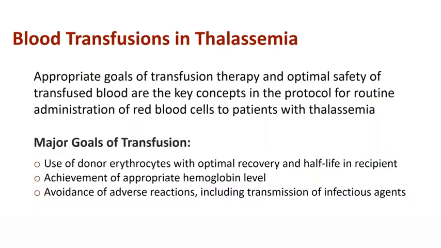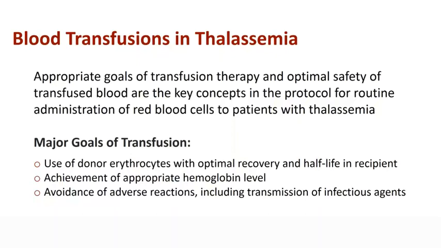The first slide illustrates our overall goals with transfusion therapy. The appropriate goal of transfusion therapy is optimal safety of transfused blood and the key concepts in this protocol for routine administration of red blood cells to patients with thalassemia. What this specifically refers to is, one, the use of donor erythrocytes with optimal recovery and half-life in the recipient.